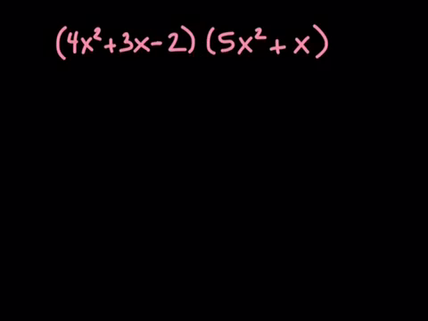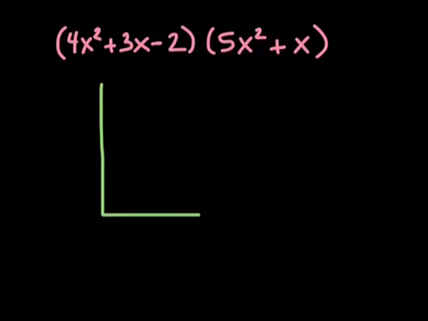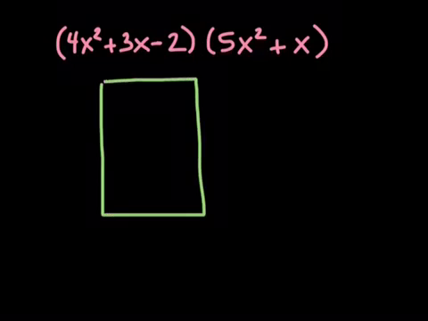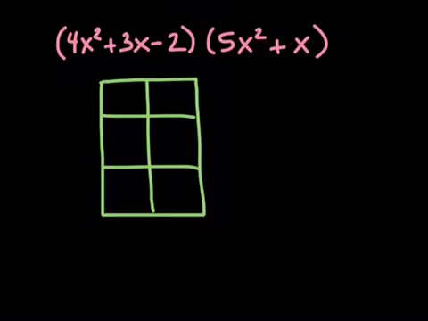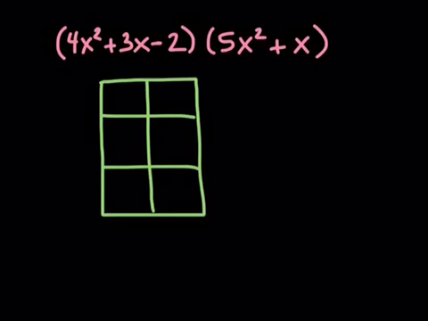So I'm going to make an array that has 3 rows and 2 columns because there's 3 terms and there's 2 terms. So 3 rows and 2 columns probably would look something like this. I'm going to write my terms for my first polynomial over here.